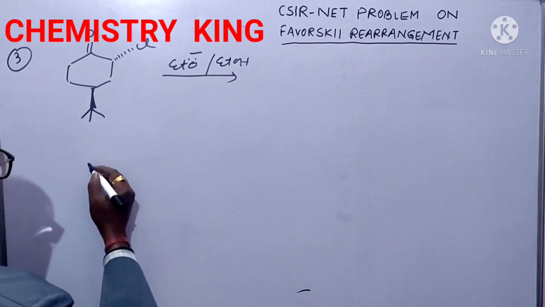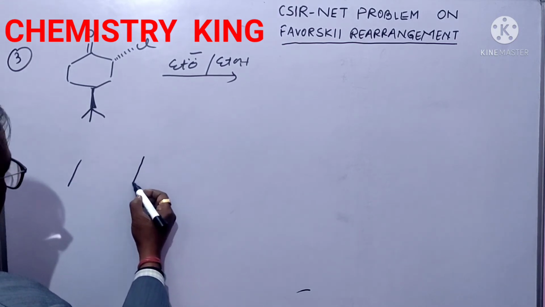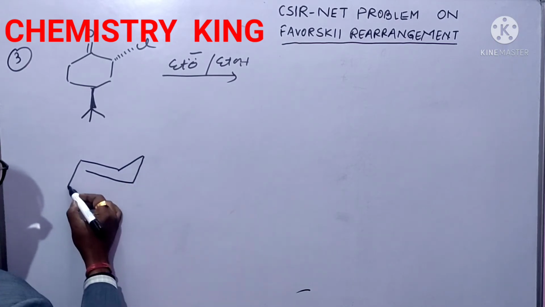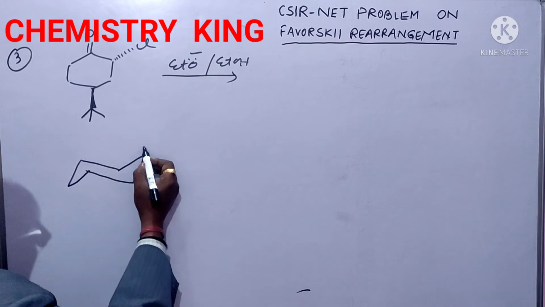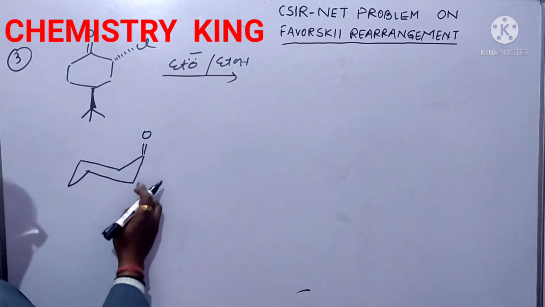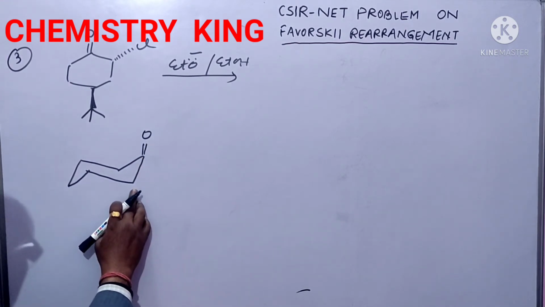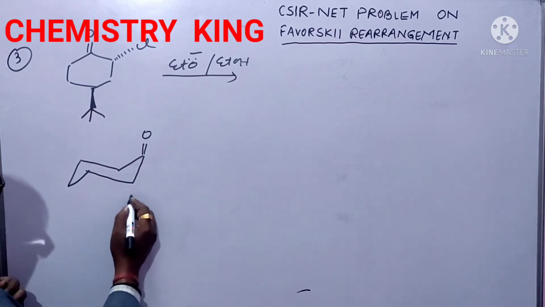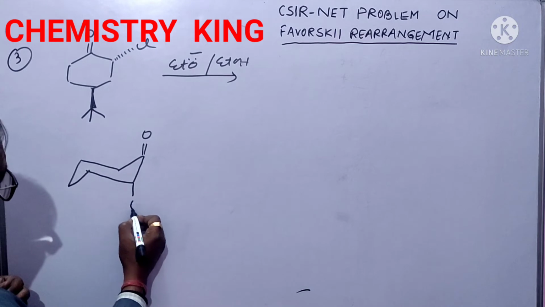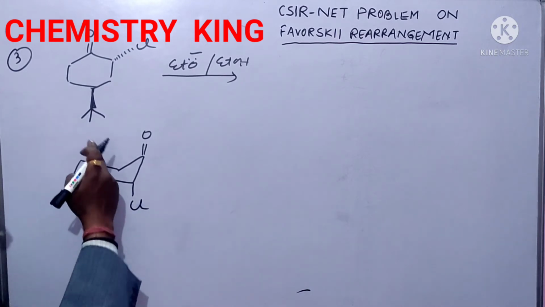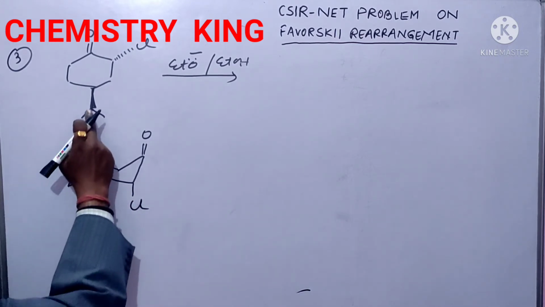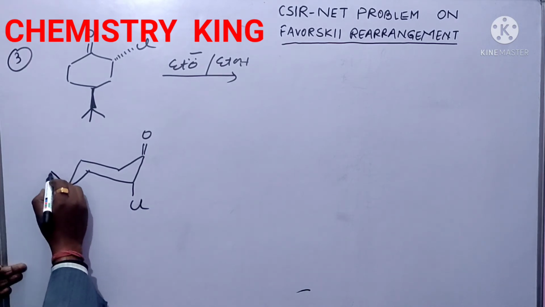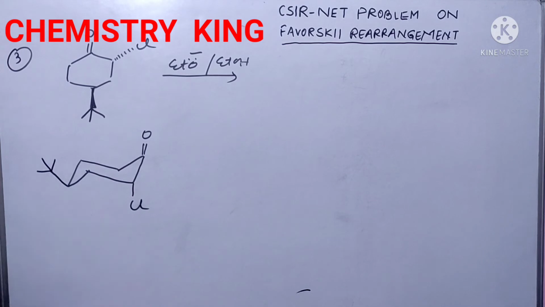First of all, we have to write it in chair form. Okay? It is a double bond O and this chlorine is downside. So chlorine will be here and 1, 2, 3. It is upside. So upside. It is downside. Upside. It is the tertiary butyl group.